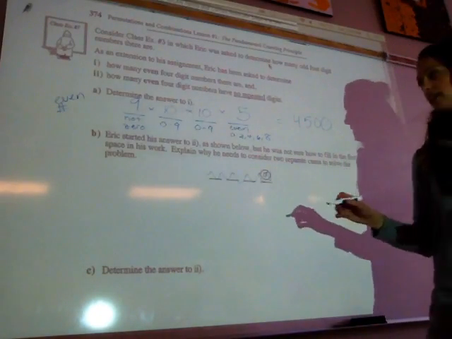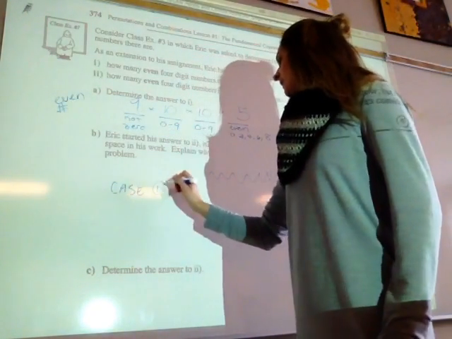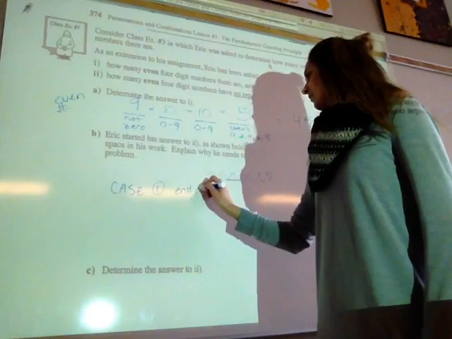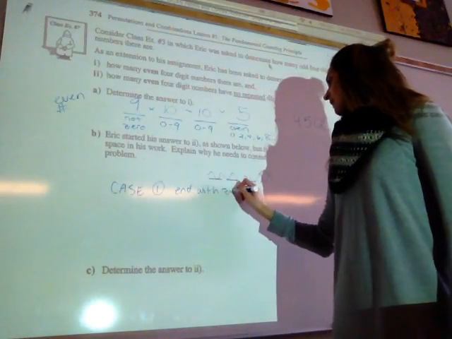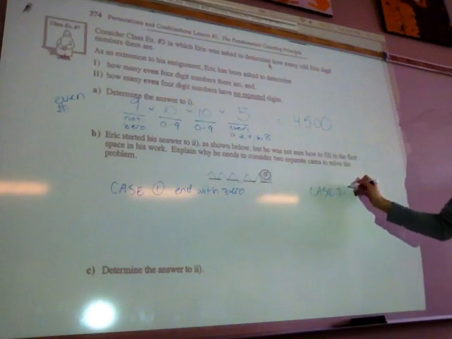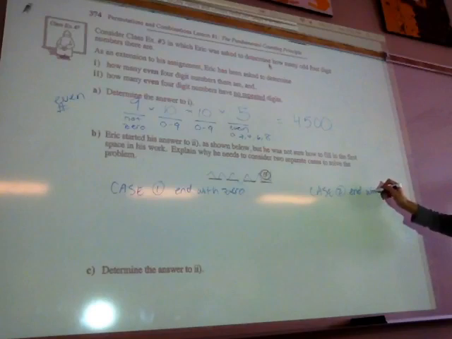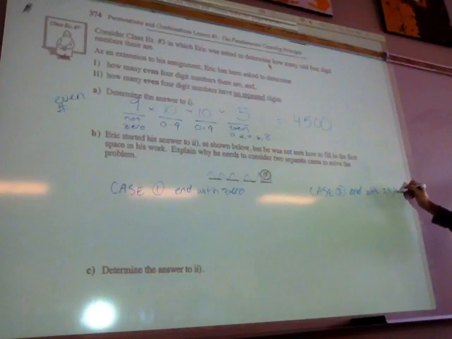There are going to be 2 cases. The first case is if we end with 0, and the second case will be ending with 2, 4, 6, or 8.